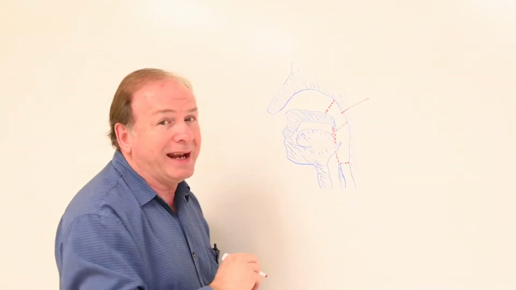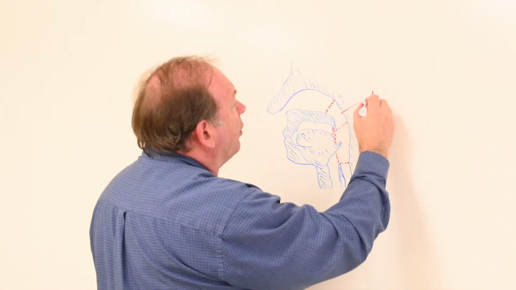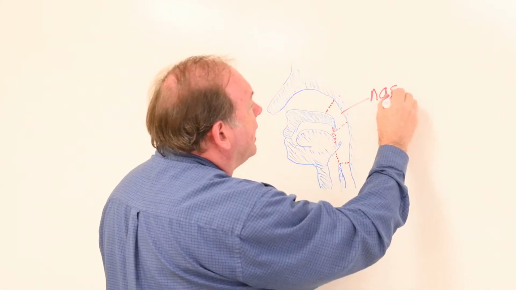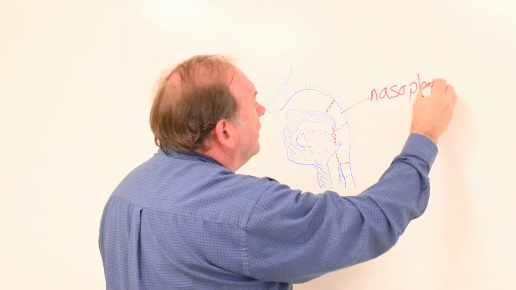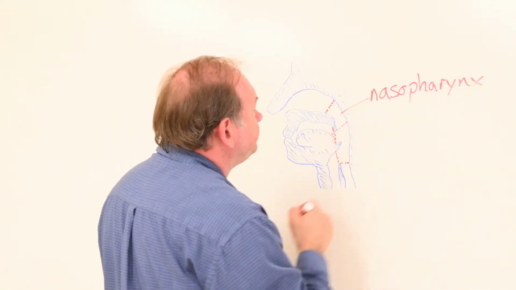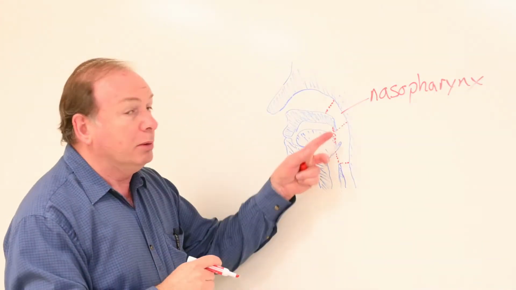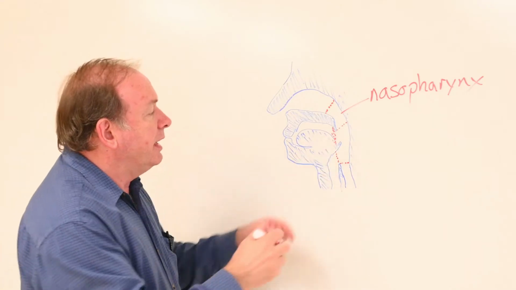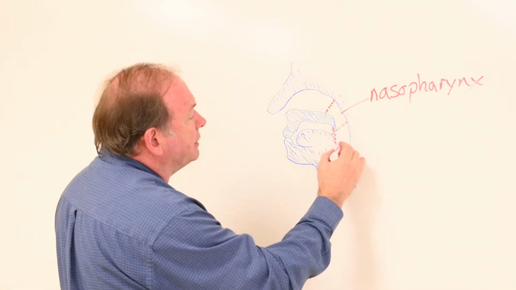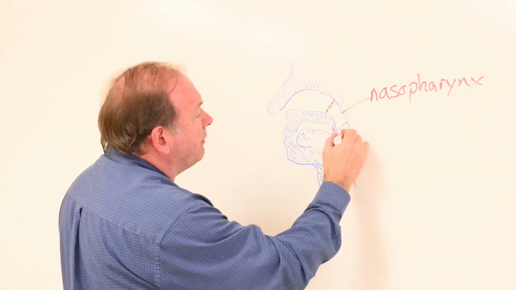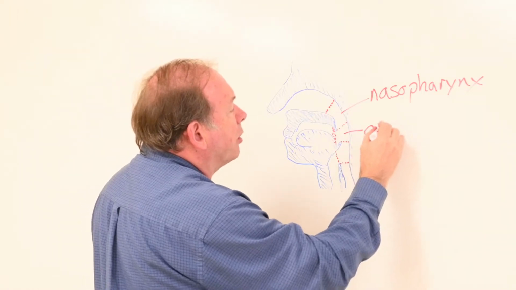And we refer to that as the nasopharynx. Below that right in here is the area you see when you open up your mouth and say, ah. It goes down to about this point right there. We refer to this as the oropharynx.